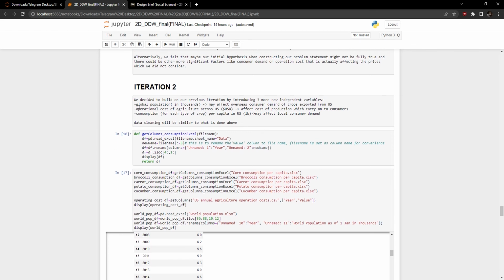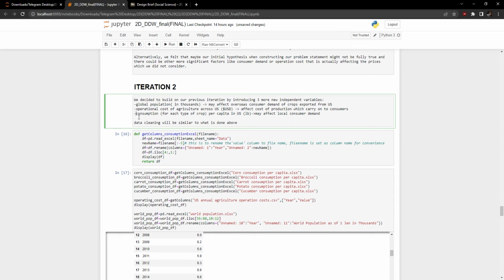So we added in 3 main predictive variables. Global population, this would reflect the well-balanced local and global demand for US crops. Then we added in operational costs of agriculture across the US. This would be a supply factor that influences the supply of crop.